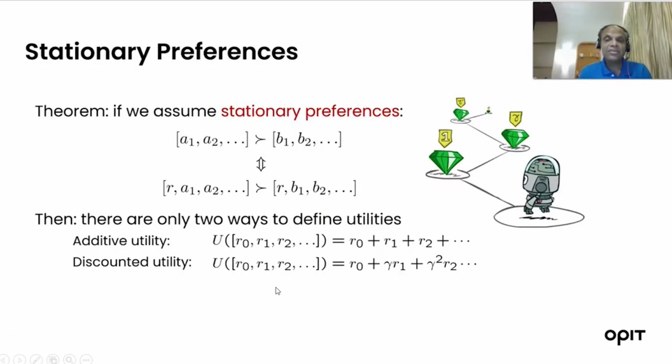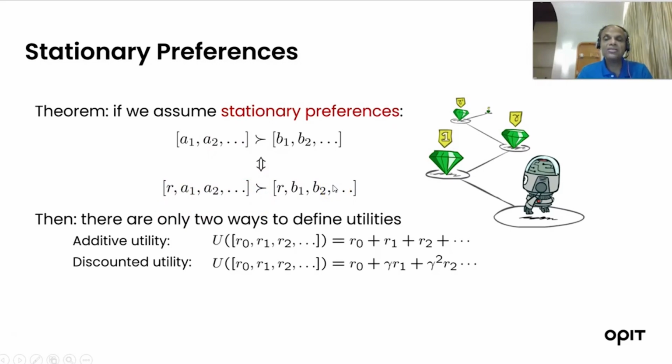There's a theorem called stationary preferences that allows us to define utilities. It says that if I have two preference sequences, A1, A2, A3 all the way up to AN, and B1, B2, B3 all the way up to BN, and the set A1, A2 is more preferred than the set B1, B2, then if I prepend both with the same reward, the A preferences still dominate the B preferences.